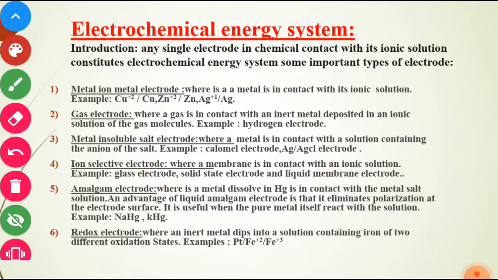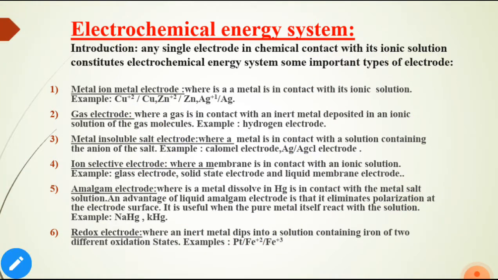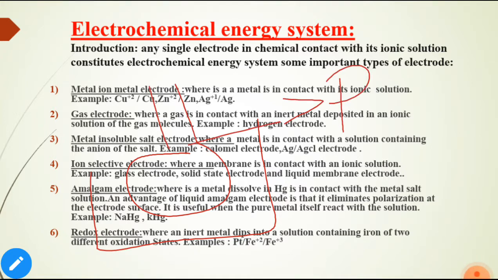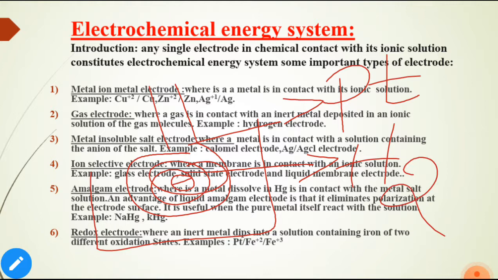Next we move on to the gas electrode. A gas electrode is where a gas is in contact with an inert metal deposited in the ionic solution of the gas molecule. Here you take a container and an inert metal, platinum, and fill it with hydrogen in the form of gas.